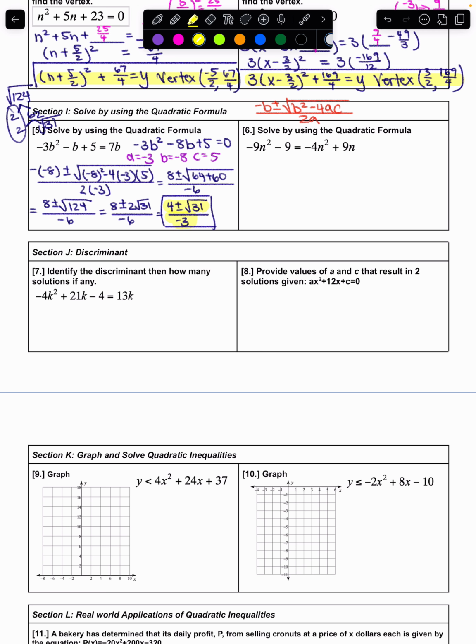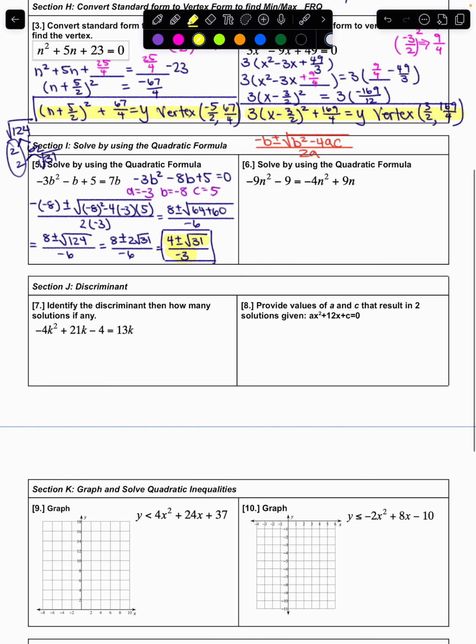Okay, so let's move on to question number 6. We're doing the same thing, solve by using the quadratic formula. For question number 6, it's not in standard form, which again is ax squared plus bx plus c is equal to 0. So all I'm going to do is add 4n squared to both sides, and then subtract 9n.